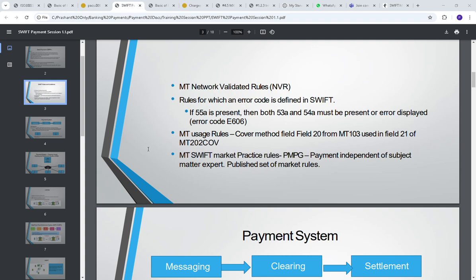For example, number 1b, this is a SWIFT guideline. If any BIC is present, then name and postal address is not allowed. However, in case of conflicting information, any BIC will be allowed to take procedure. If name is present, it is recommended to use postal address. So this is a SWIFT guideline.